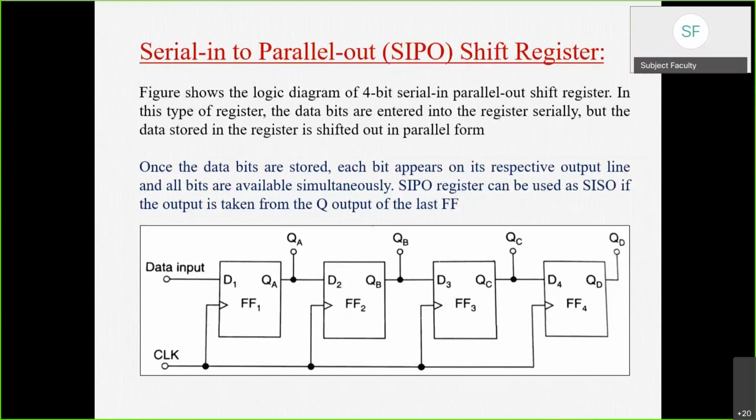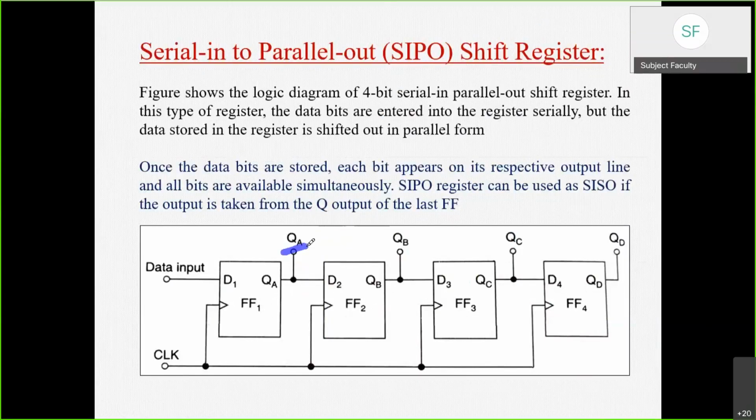If you observe the difference between the logic diagram of serial in serial out and serial in parallel out, there is no difference except that now we are collecting outputs not at the last output of the flip-flop, but parallelly.